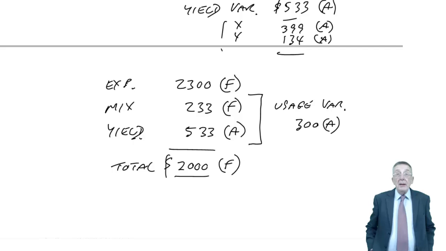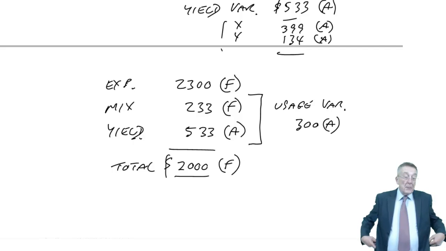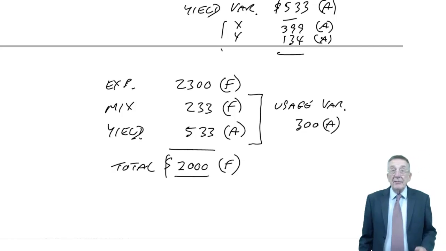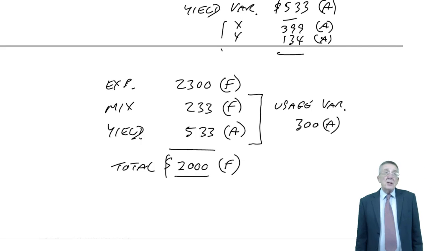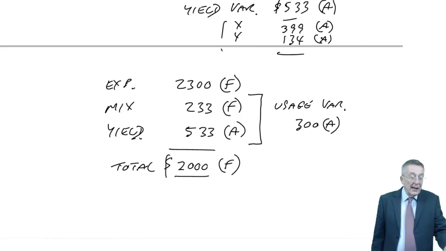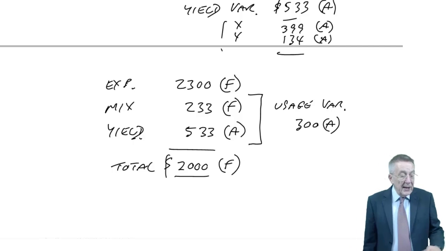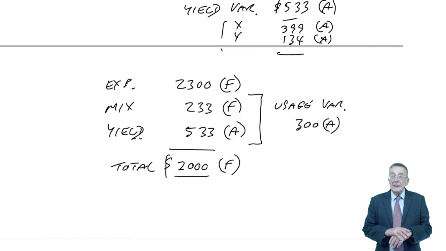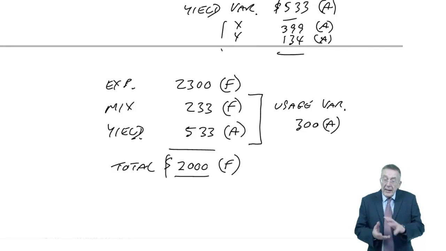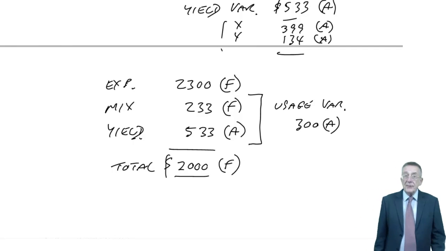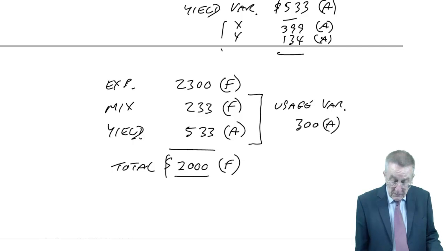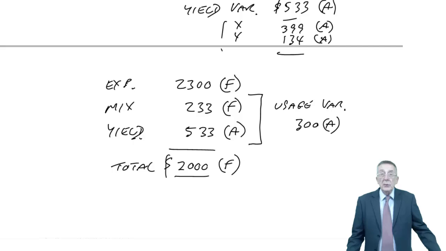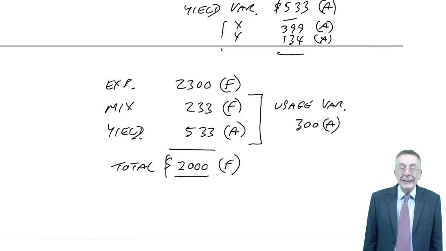Or another reason could have been deliberately to save money. You know, material X here is more expensive, and so you may deliberately decide, oh, let's save a bit of money, use a bit less X, a bit more Y. So there's several reasons why these various variances can have occurred. The yield variance, one way or another, it's wasting or losing material.